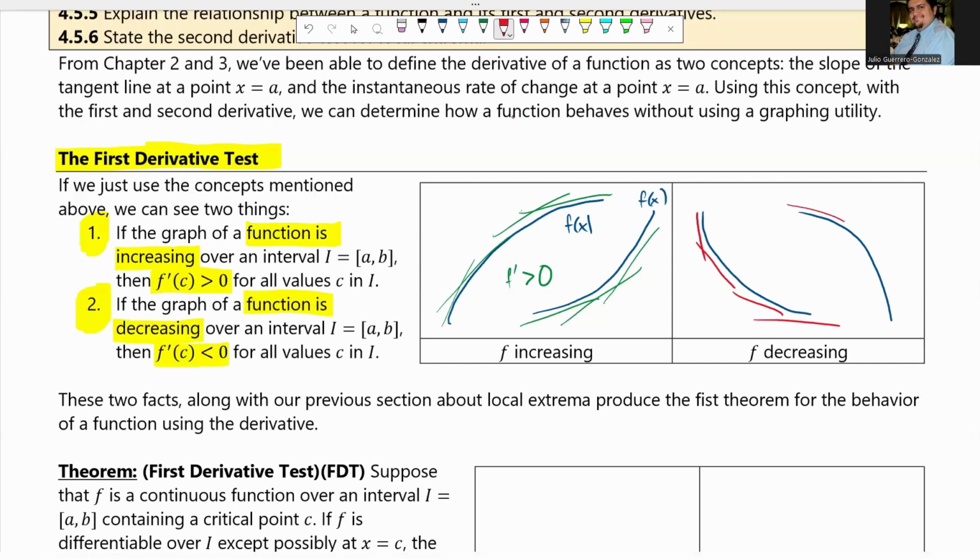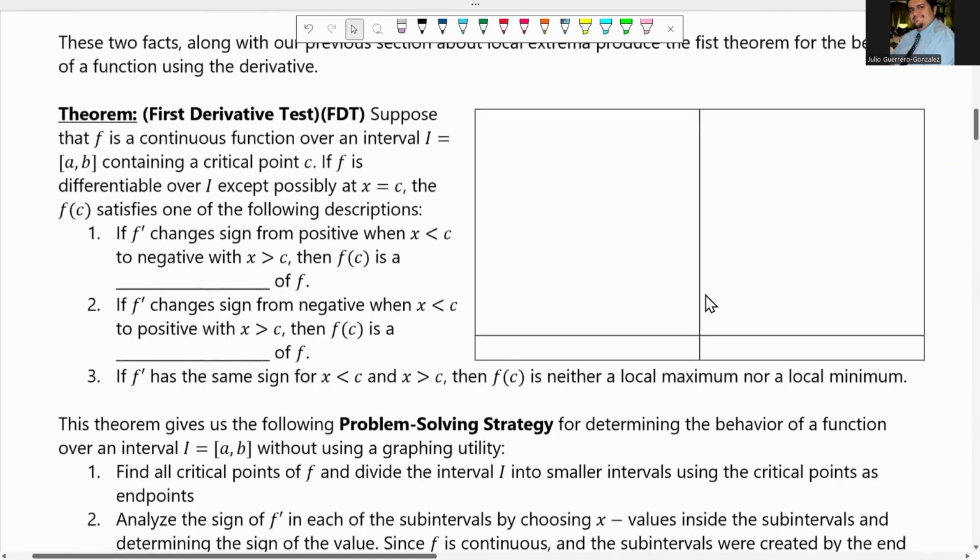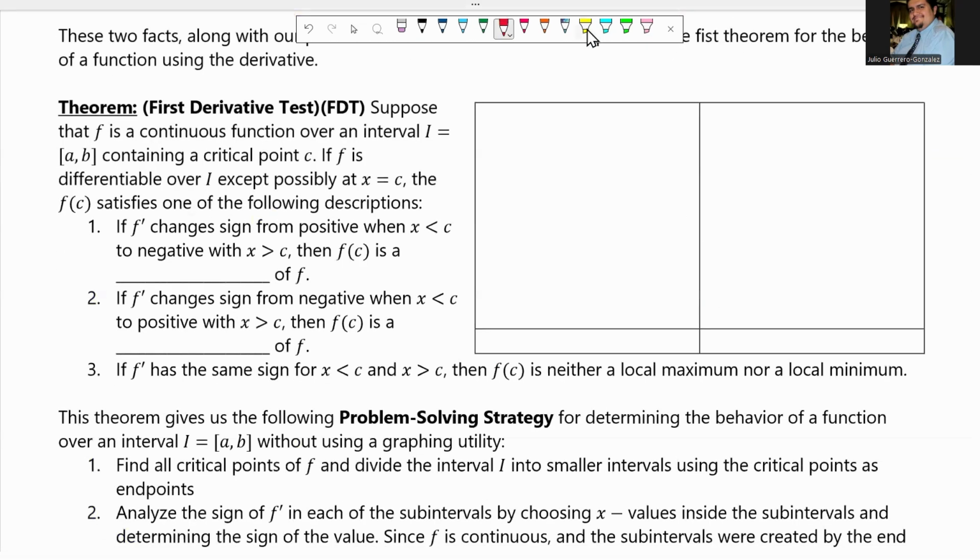Negative, negative, negative. Got it? So all of these derivatives are going to be less than 0. This is all we really need for the first derivative test.